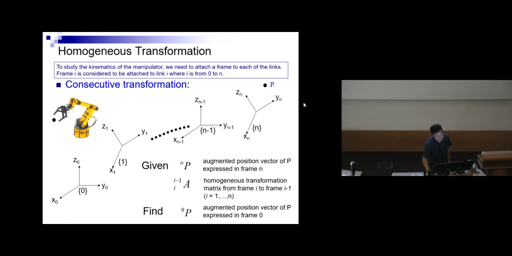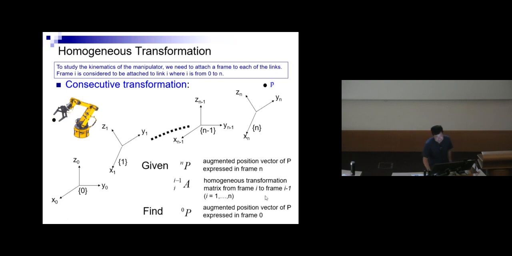And then this is the point P that the end effector is going to grab onto. In between all these, you have the links. This is one link, this is another link, so you have to attach a frame to all these links. This is one frame. You have frame 0 attached to the base, and then frame 1, frame 2, frame 3, and so on.